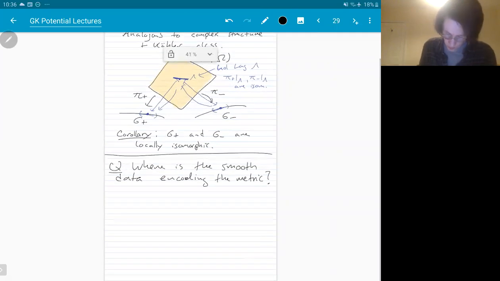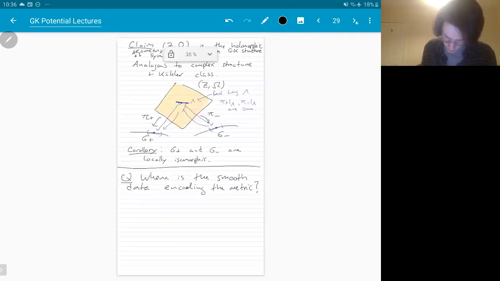To answer this question, we need to recall a fact which I haven't actually told you. Remember, we built Z omega by taking a symplectic groupoid. So this sigma omega that we used in the construction is a symplectic groupoid.